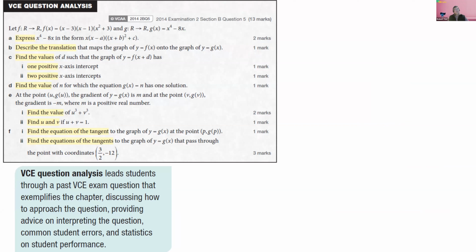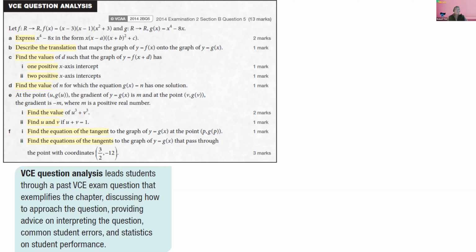When we get to the end of a chapter, we have something called VCE question analysis, where we select a question that best exemplifies the chapter and covers a lot of the skills learned in it. We do a deep unpacking of that question for students from the expert teacher. You'll see there's highlighting of keywords, showing students the important things to know when reading the question. In fact, the first section is called reading the question.